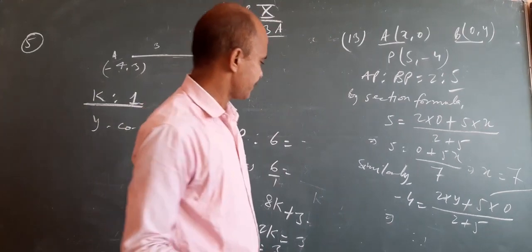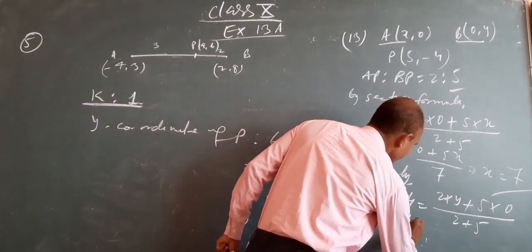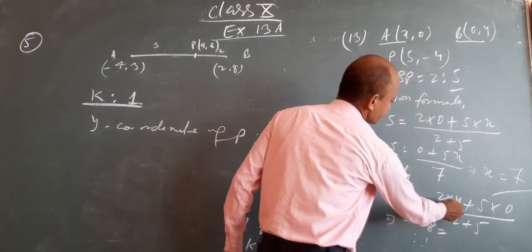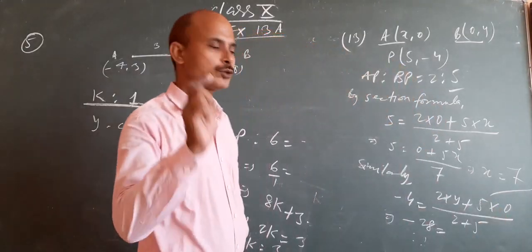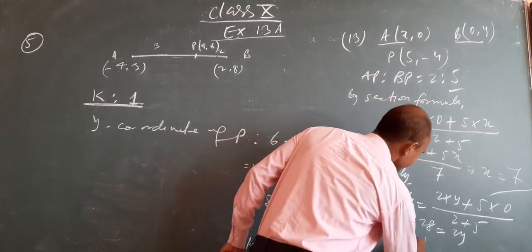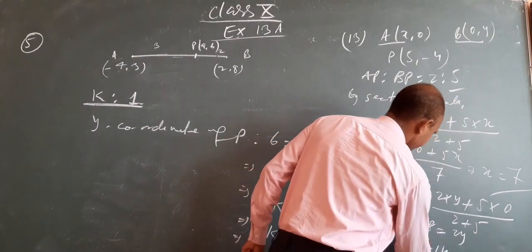This will give us 7 into 4, minus 28 is equal to 2y plus 0, 2y. It means y is equal to minus 14.